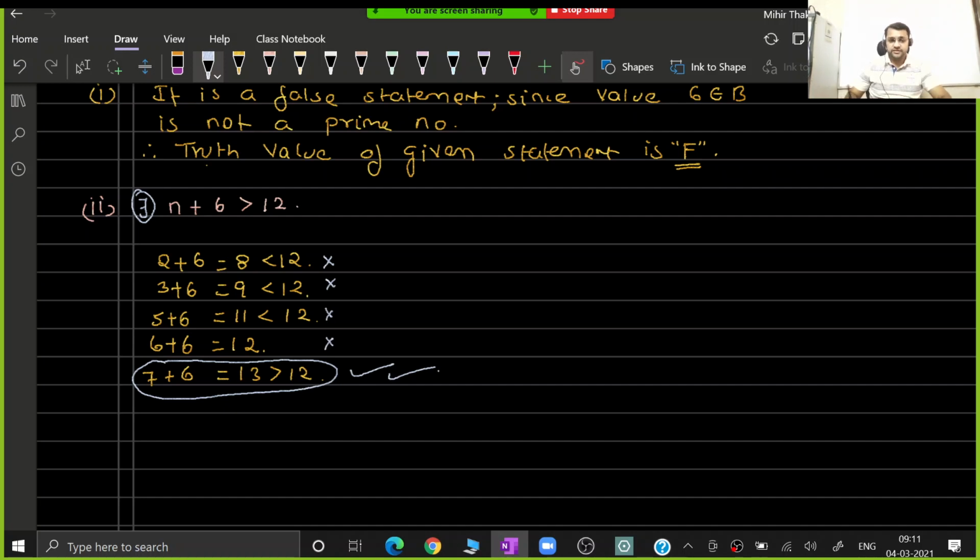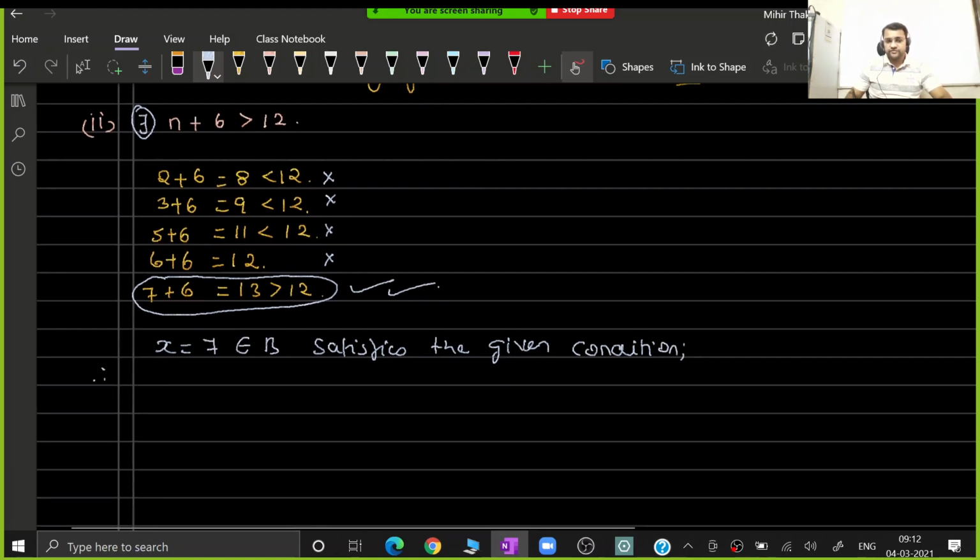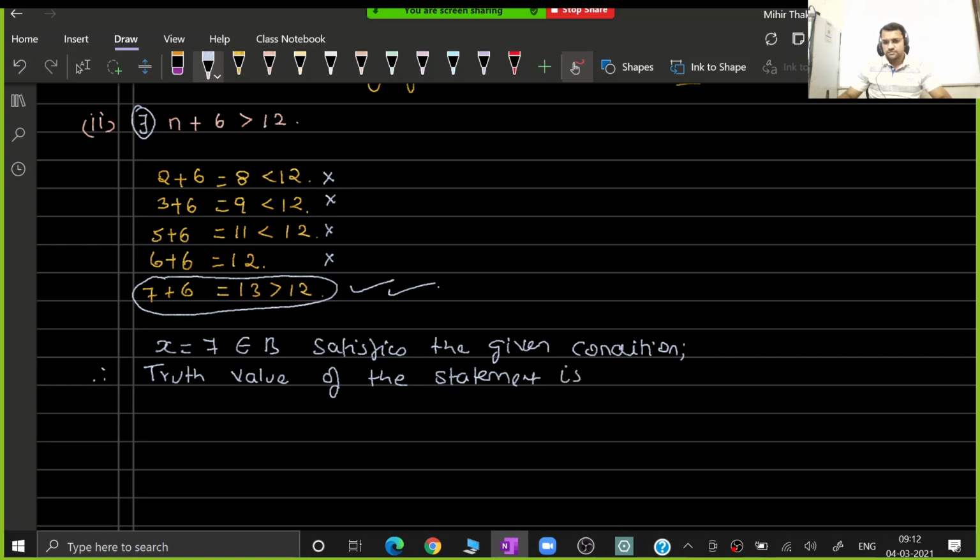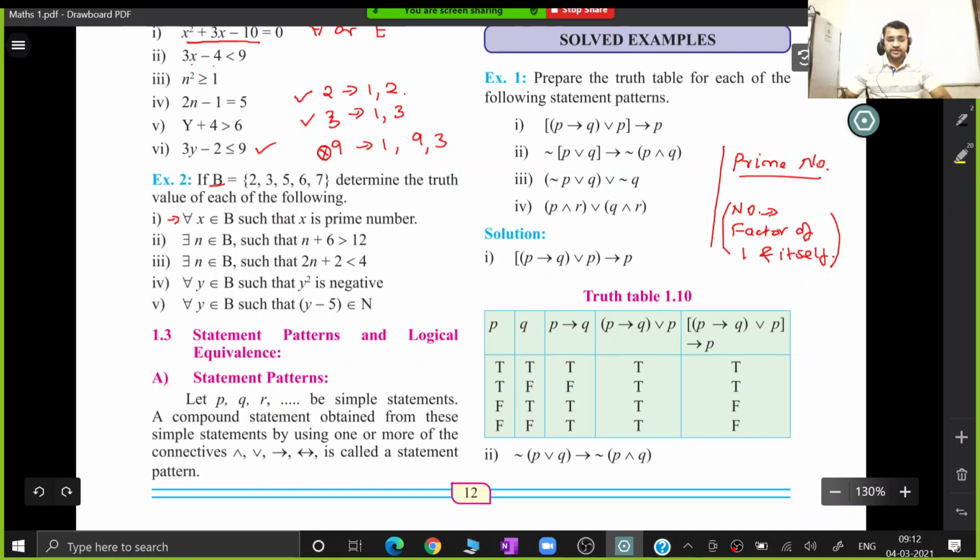So I just have to say x is equal to 7 belonging to B satisfies the given statement, therefore truth value of the statement is T. Okay, let us see the third one.